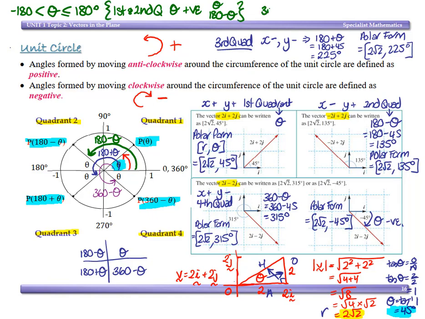And for our third and fourth quadrant, we'll do theta as negative. But more on that later. We'll do a lot of that as we work through Unit 1.